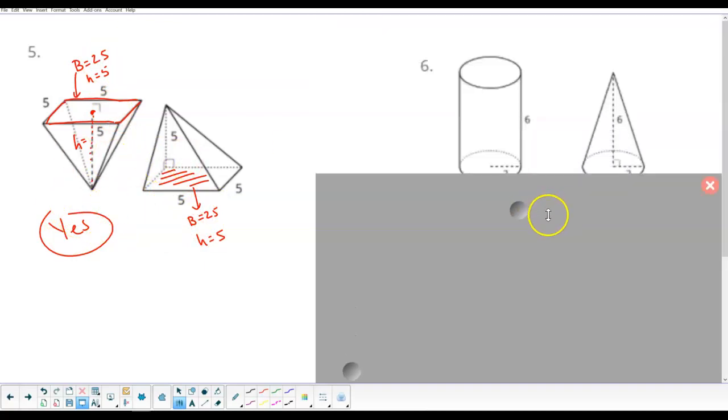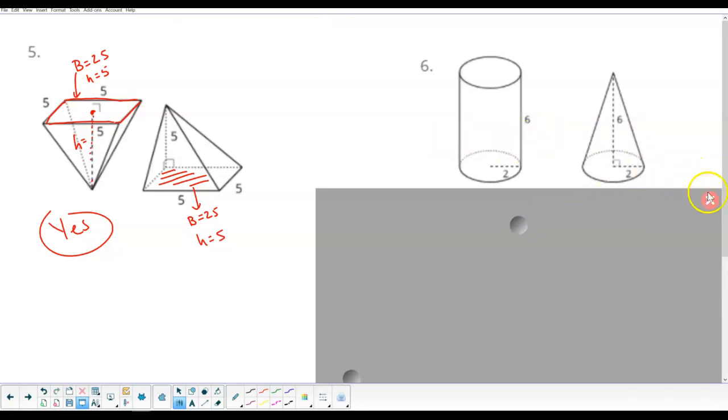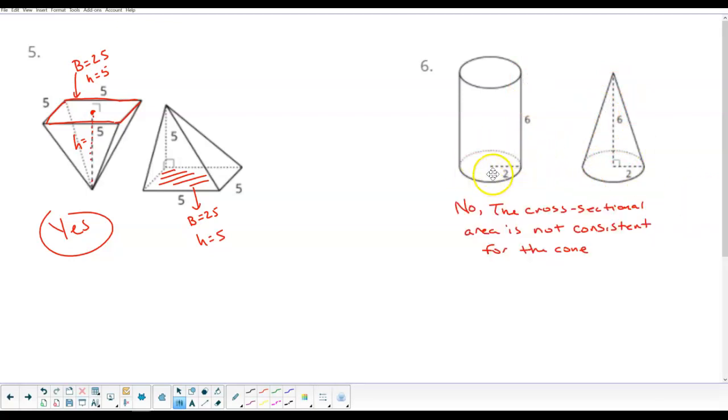And then we have our last one. Notice right away these are 2 different shapes. They do have the same area of the base. The heights are the same. However, the cylinder has a circular base throughout that remains the exact same area all the way through from top to bottom.